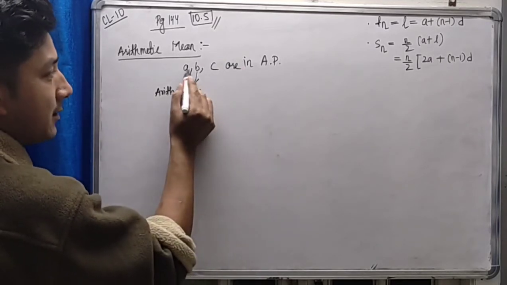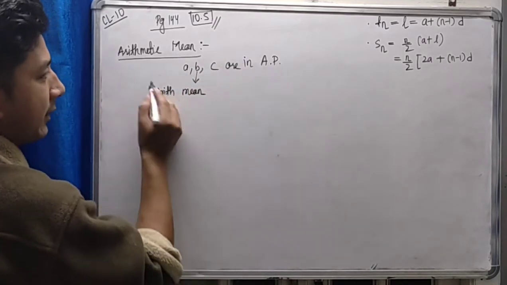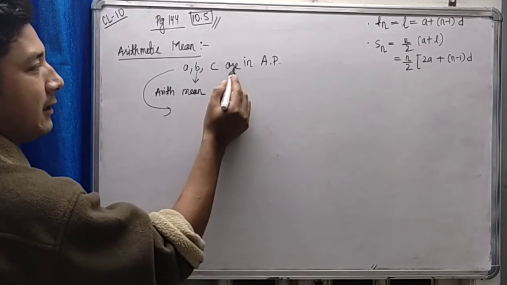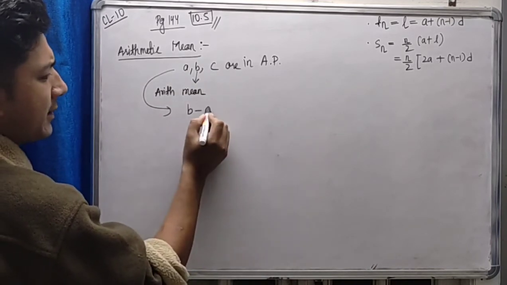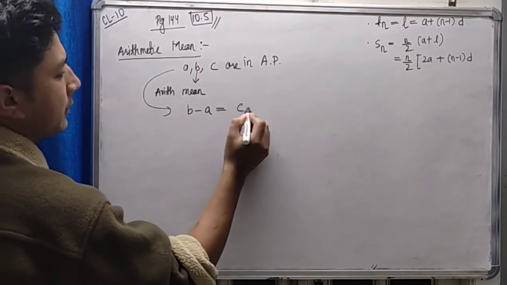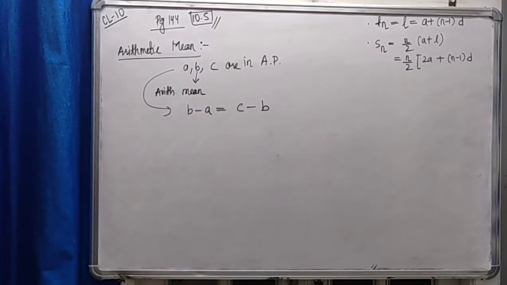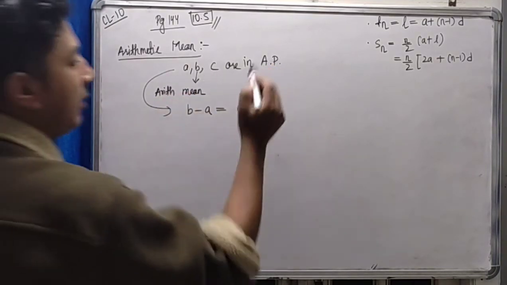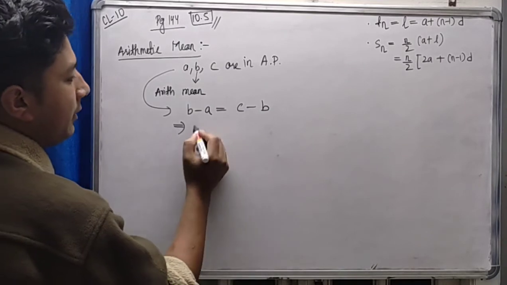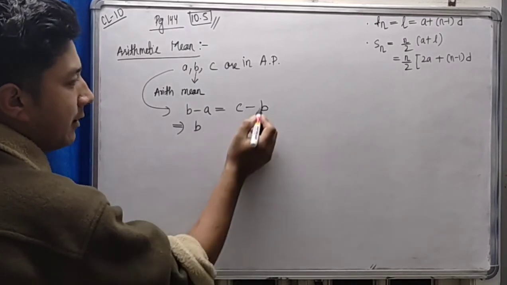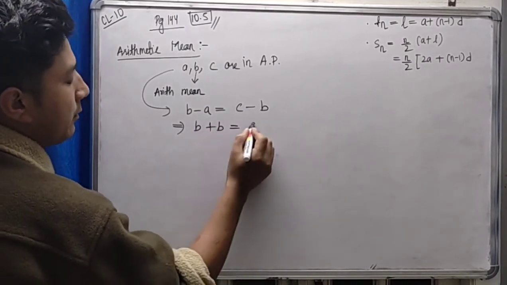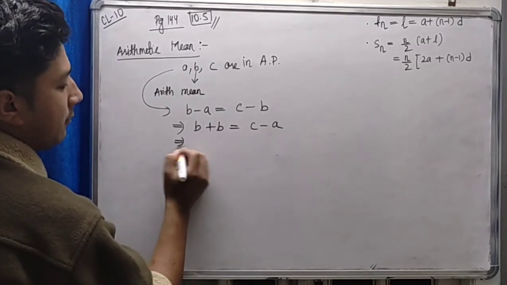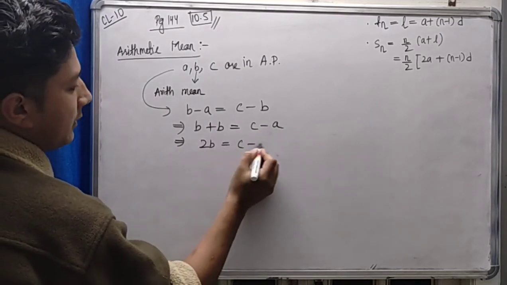Since these 3 numbers are in AP, what can I write? As these 3 numbers are in AP, the second term minus the first term is equal to the third term minus the second term. So this gives b minus a equals c minus b. Bring this b to the left hand side, it becomes plus b, so 2b is equal to c plus a.